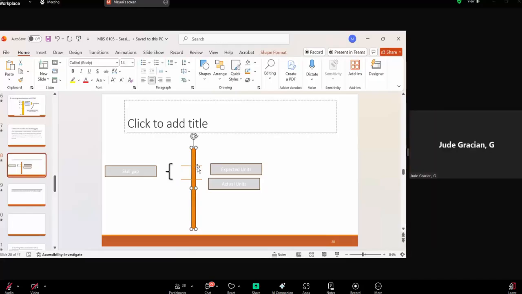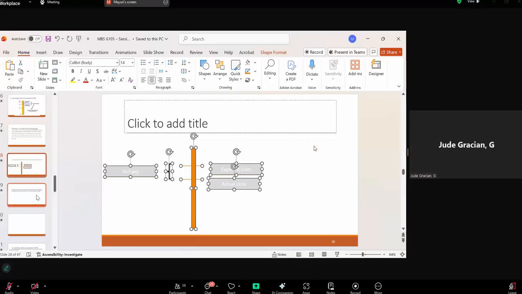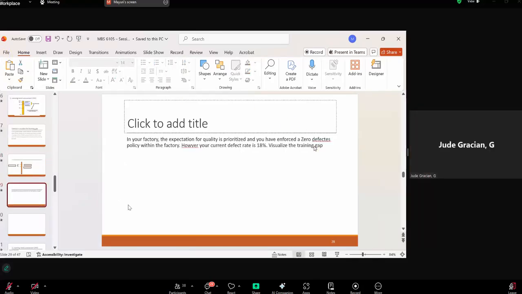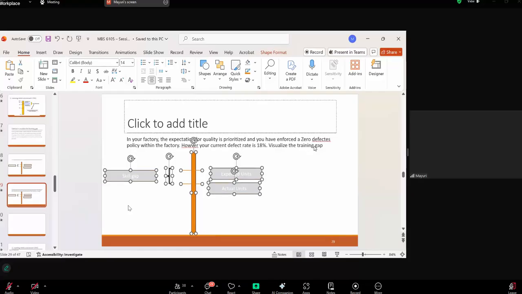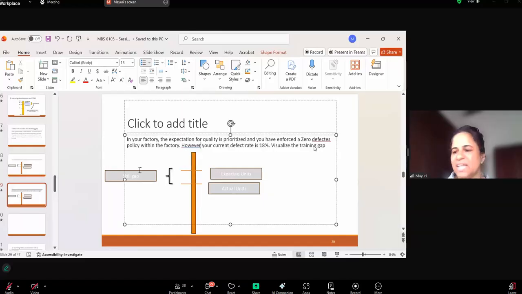Yeah, but madam, it's flipped upside down, right? The actual will be 0. No, the preferred is 0. Preferred is 0, and actual will be high, which means negative defect, 18%. And that doesn't make any sense.